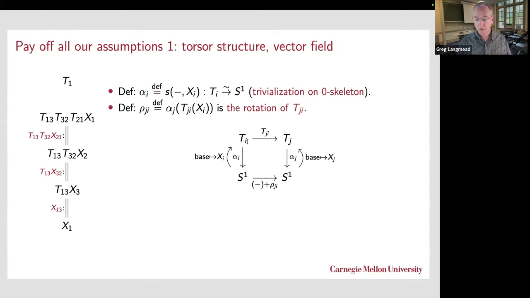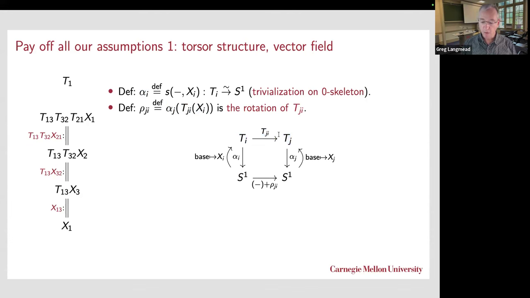So to look at transport and what it does in S1, we want to do alpha j of t_ji of x_i. So the base point in t_i, map it to t_j, and then to S1. So here's the diagram of that. You've got this map between two fibers. They each have their own private alpha i, alpha j.